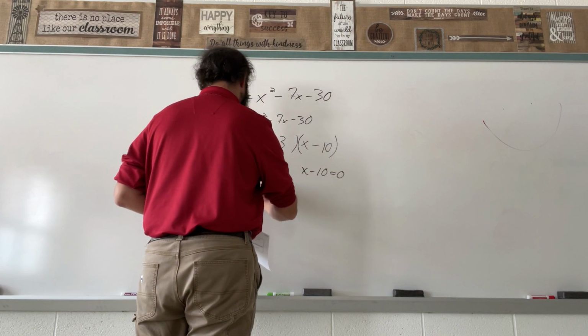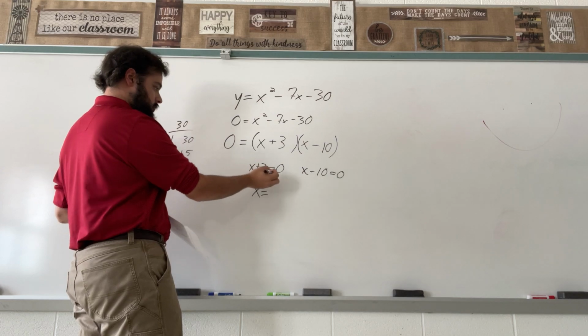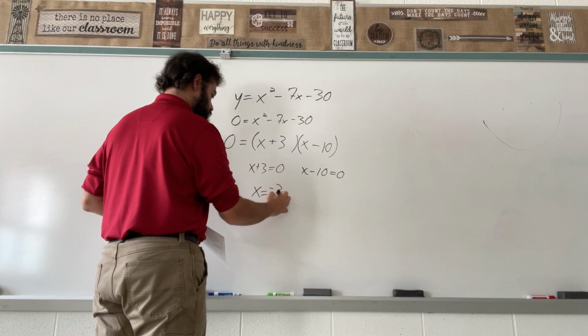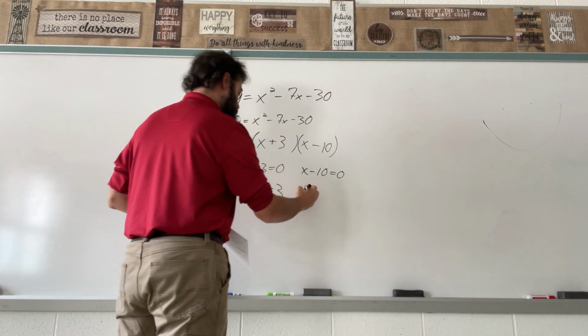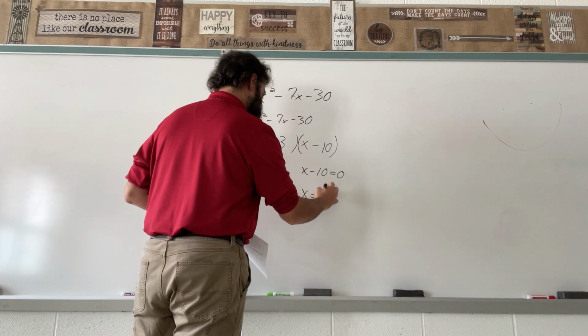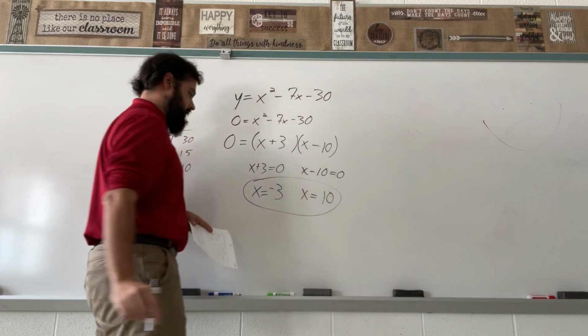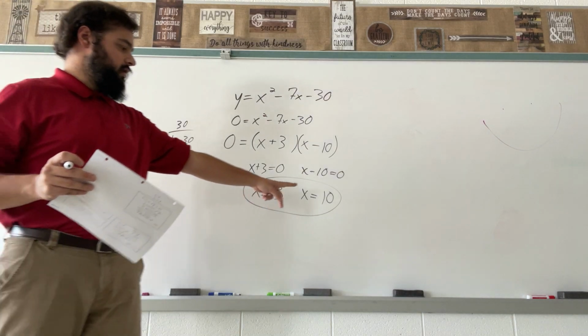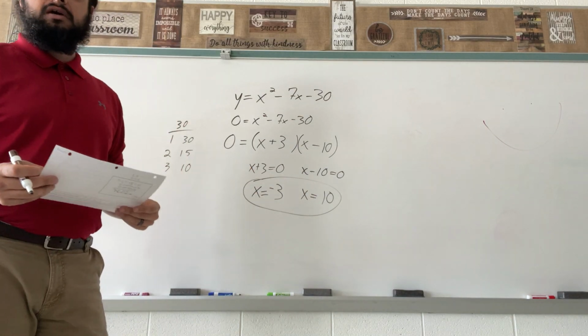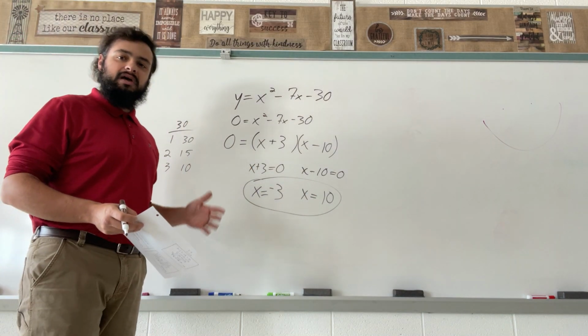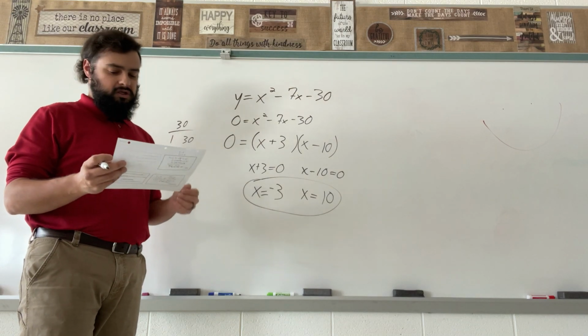So your x is either going to be negative 3, because negative 3 plus 3 is 0, or your x is going to be 10. So that's your answer. You'll have two answers there. So x is negative 3 or x is 10. Take a look back at your math, see how you did. If you messed it up, try to figure out where you messed it up.